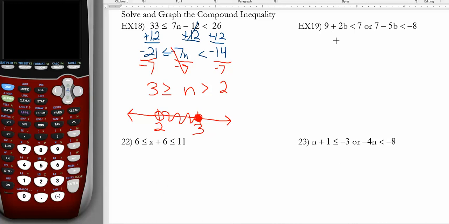Alright, up on example 19. I'm going to add 7 to both sides. Oh, sorry, not add 7. I'm going to subtract 7 from both sides.